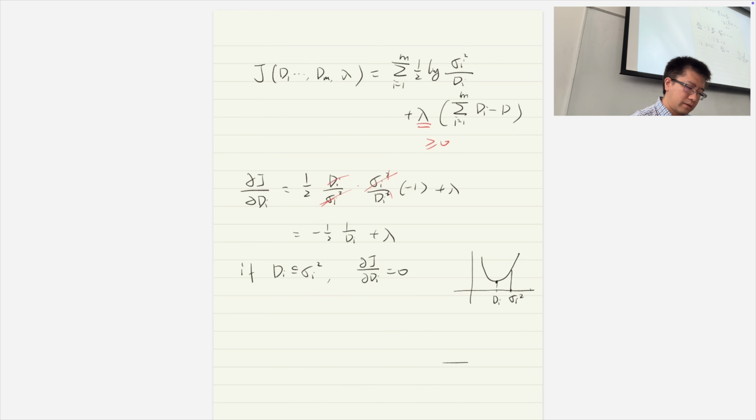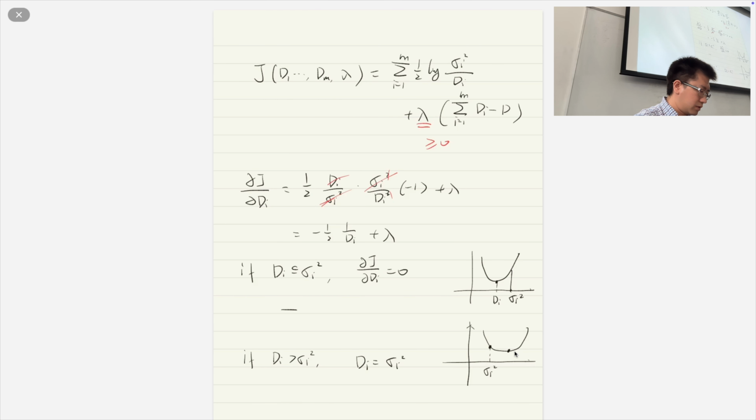On the other hand, let's see, we have something here, but sigma I is here. So it basically means that the minimum point cannot be achieved because di has to be less than sigma square. Then the second case is di is bigger than sigma I square, and then we don't have any choice. You want to achieve the minimal, so the derivative has to be less than 0, which means that di has to equal sigma square. So here is already the minimal, right? This cannot be achieved.